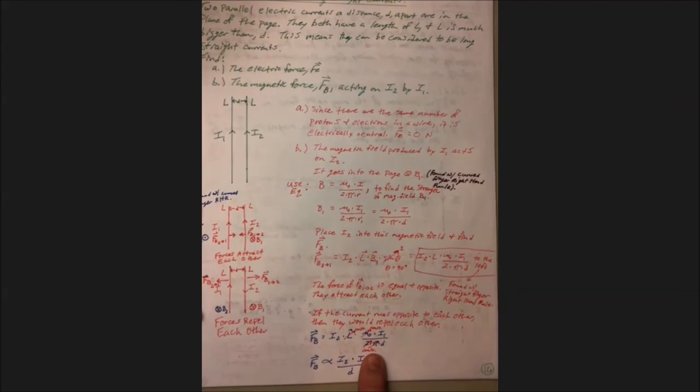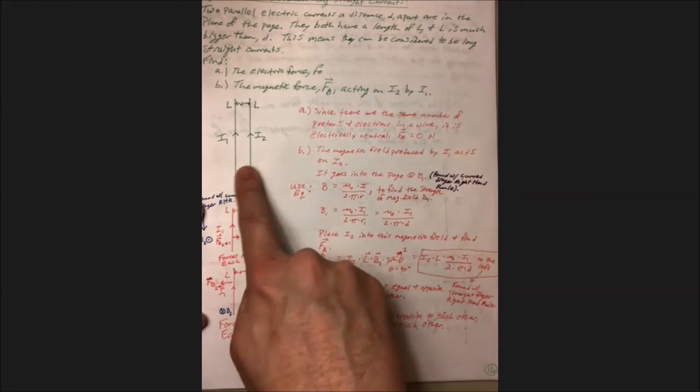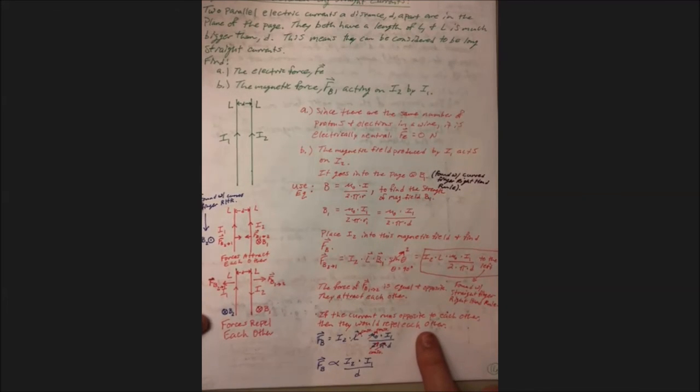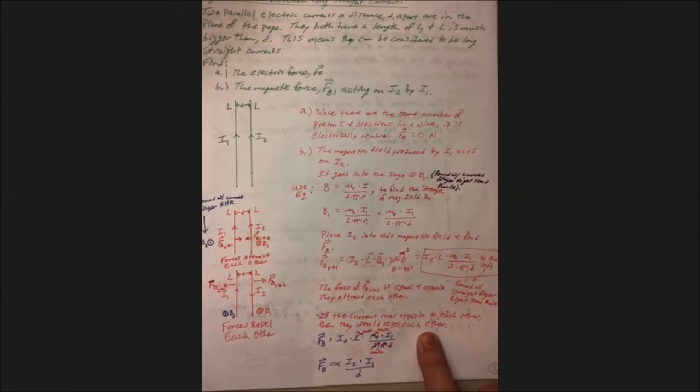Those are all constants, so we can ignore those. So the magnetic force is going to be proportional to I2 times I1 over d, the distance between the two wires. And we can just remember that opposite direction means repel, and same direction means attract.